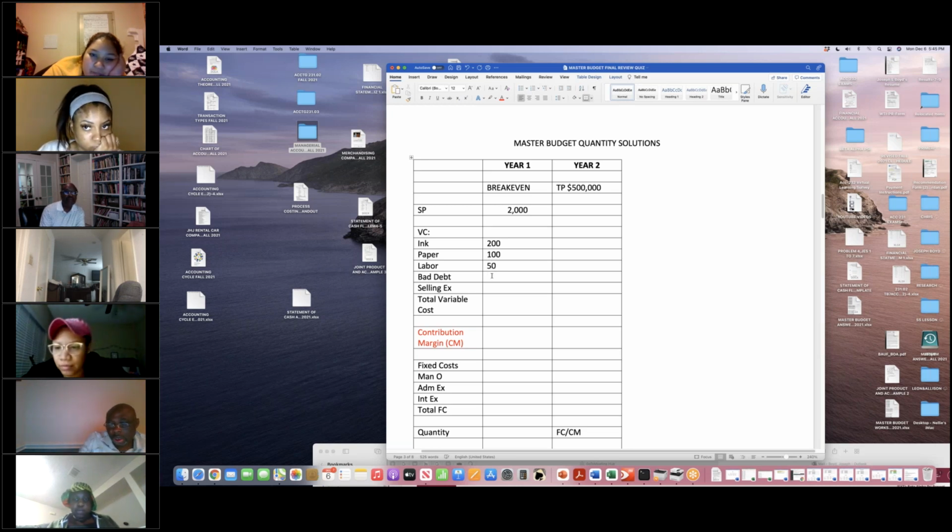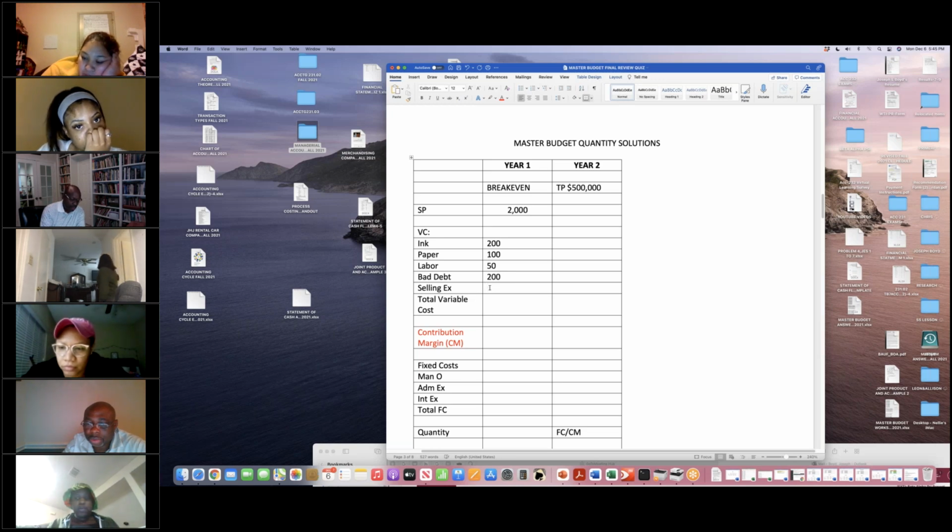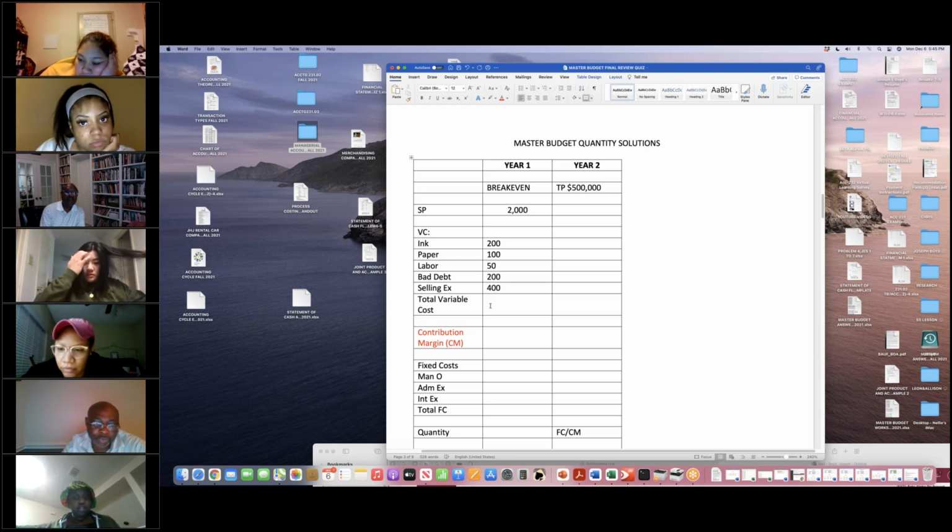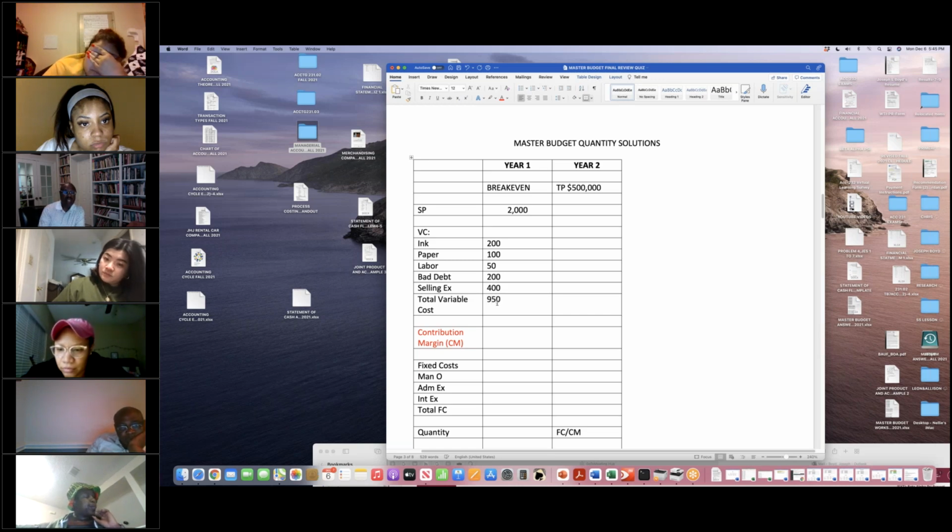Bad debt? 200. Selling expense? 400. So we add all of these up, how much do we get as our variable cost? 950. Okay, so what's our contribution margin going to be? 1050.